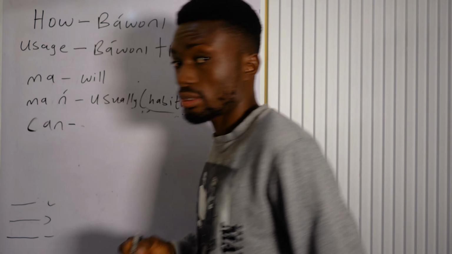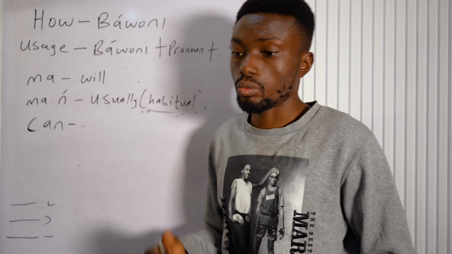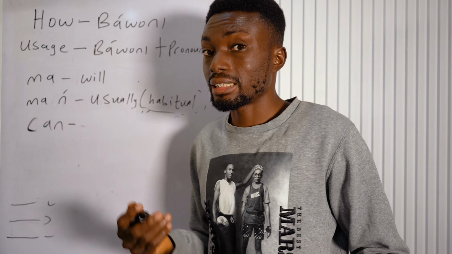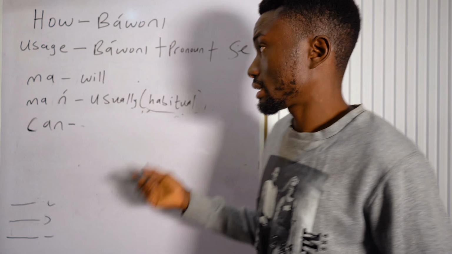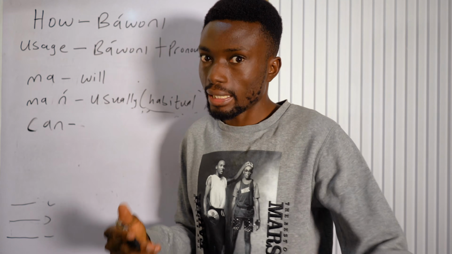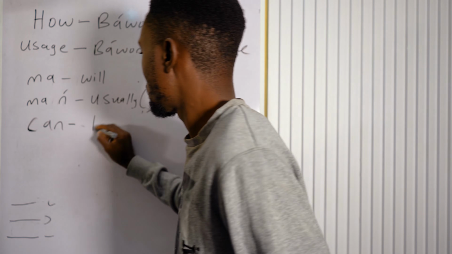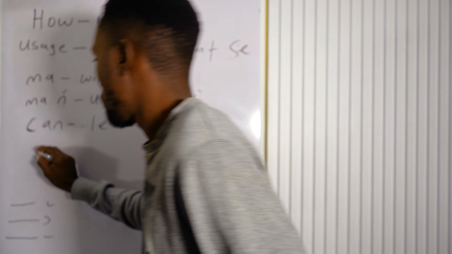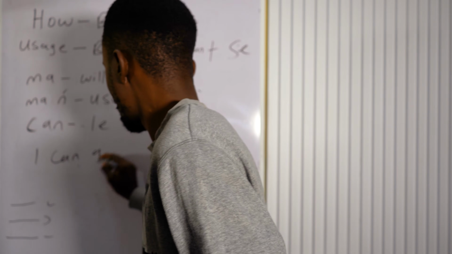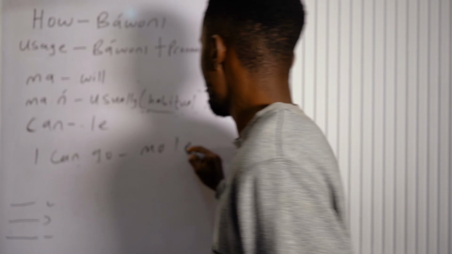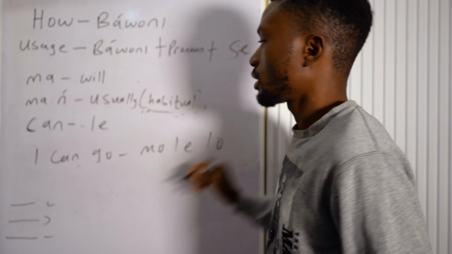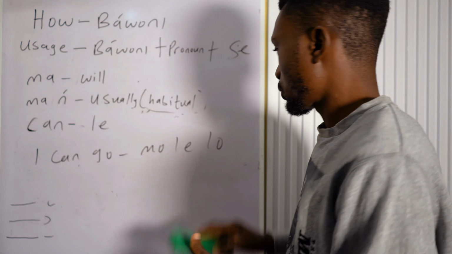Because when you're using how, can is also very common when you're asking a question, like how can you do that? How can you come? So can in Yoruba is le. I can go. Mo le lọ. I can go.